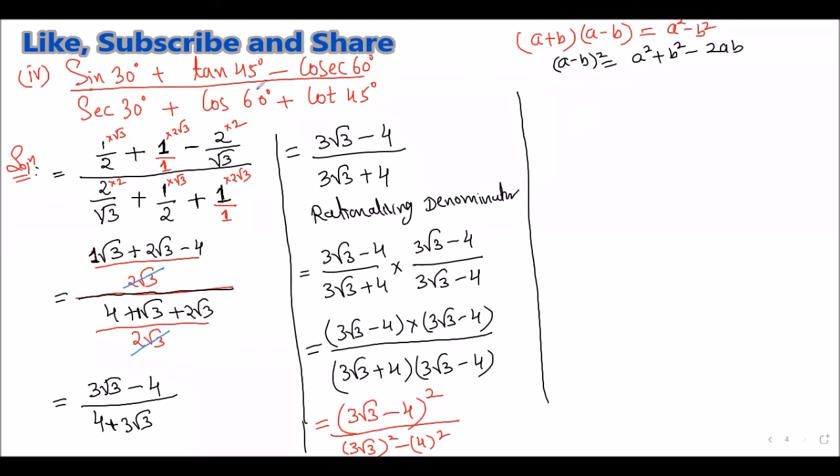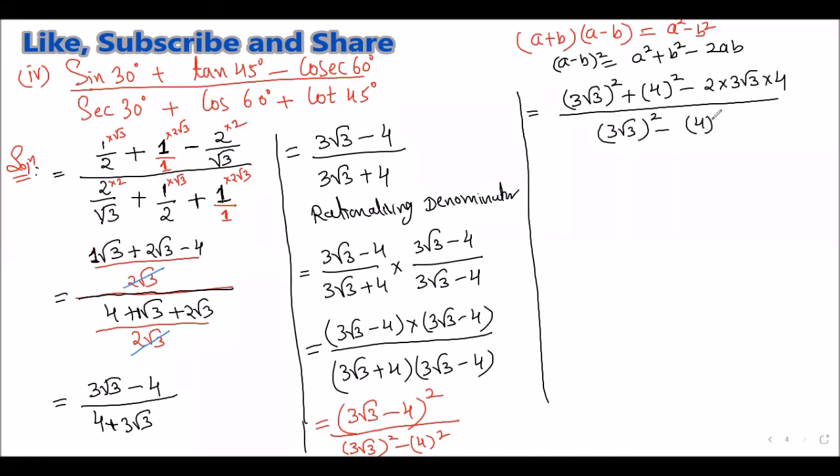So a square is 3 root 3 whole square, plus b square is 4 square, minus 2ab, which is 2 into 3 root 3 into 4, divided by 3 root 3 whole square minus 4 whole square.